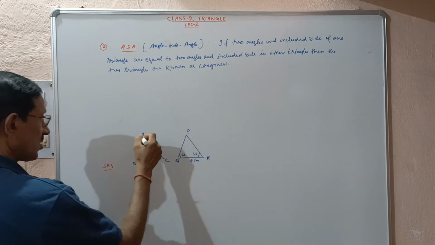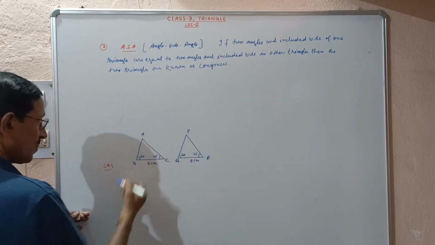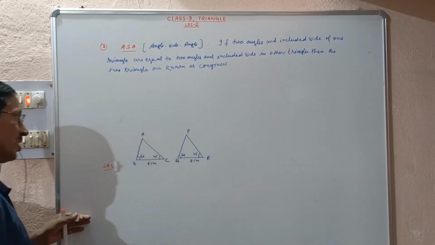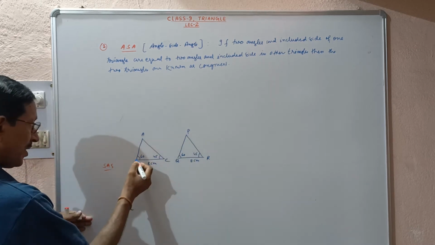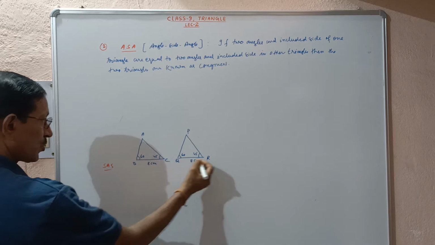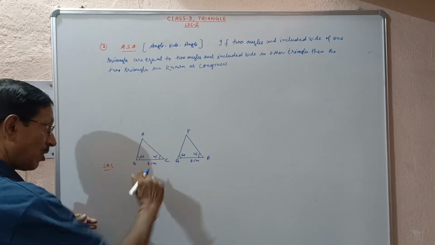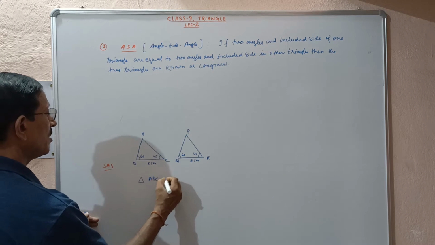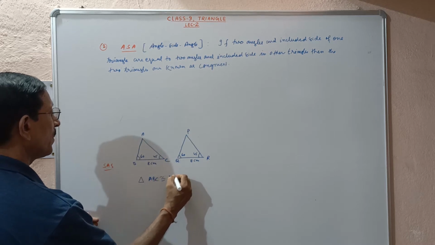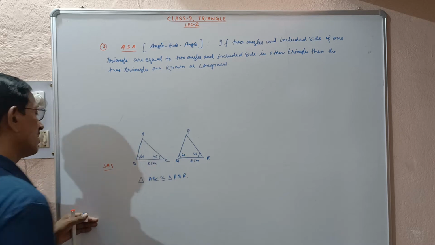That means P falls on A, Q falls on B, and R falls on C. That means A corresponds to P, B corresponds to Q, and C corresponds to R. And we write in symbolic form like this: triangle ABC congruent to triangle PQR.